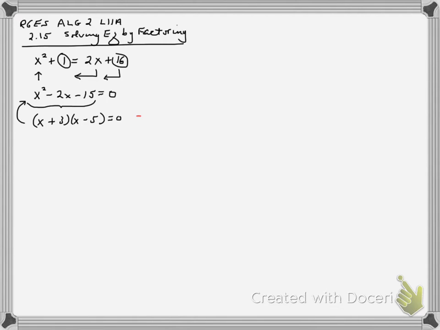Now, let's look at this in a very broad idea. What I really have over here is something, and let's not use an x, something like an a, an expression, times something else equals 0. I'm saying something times something equals 0.